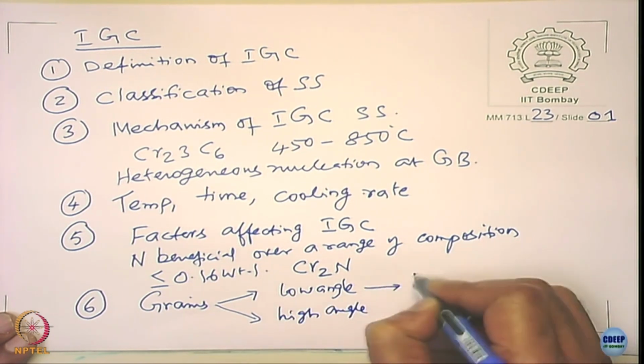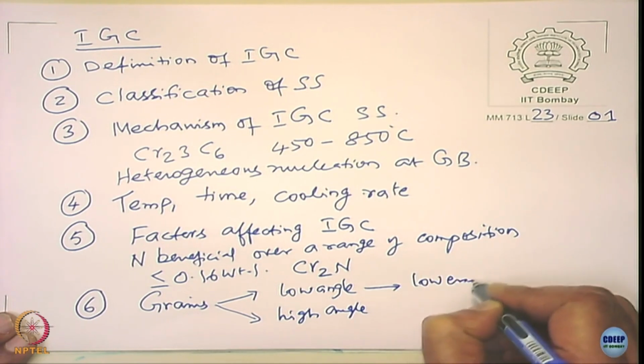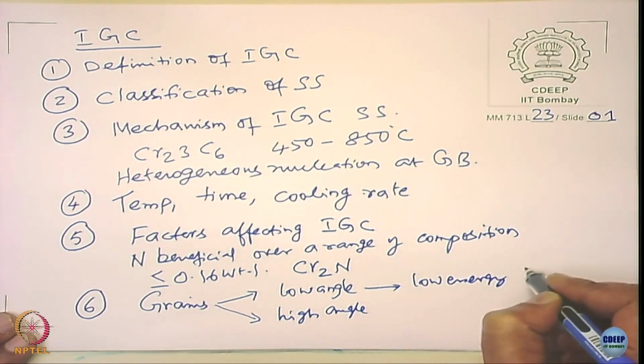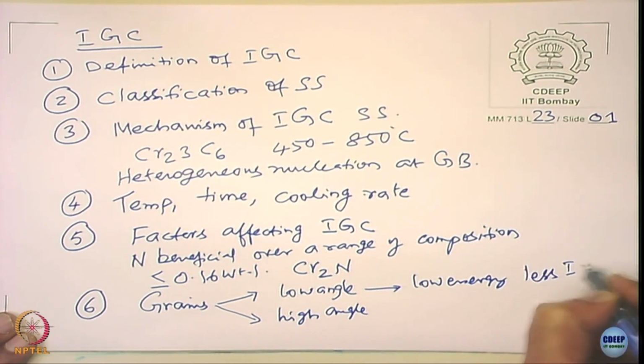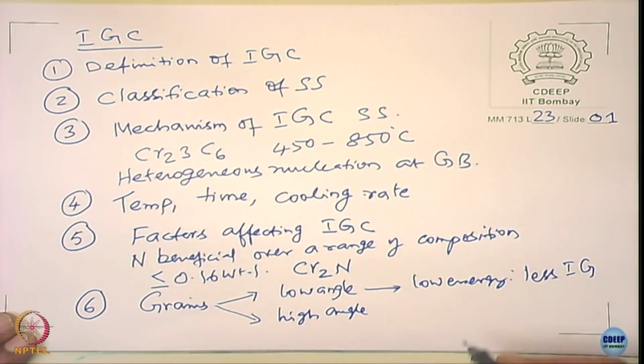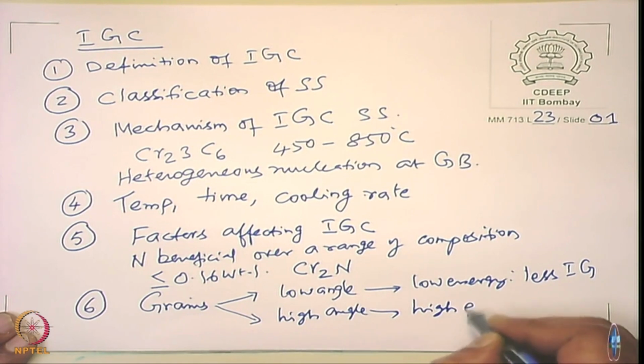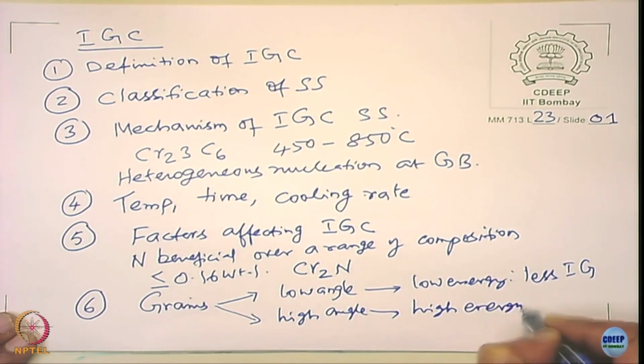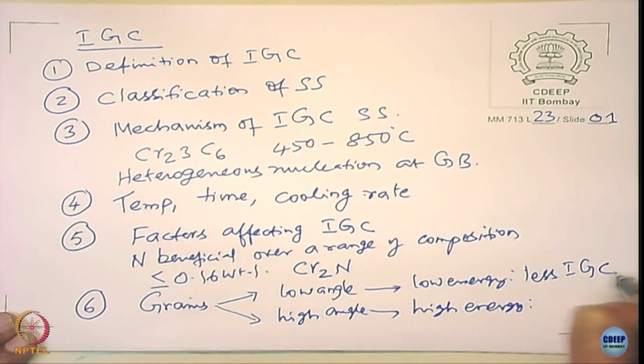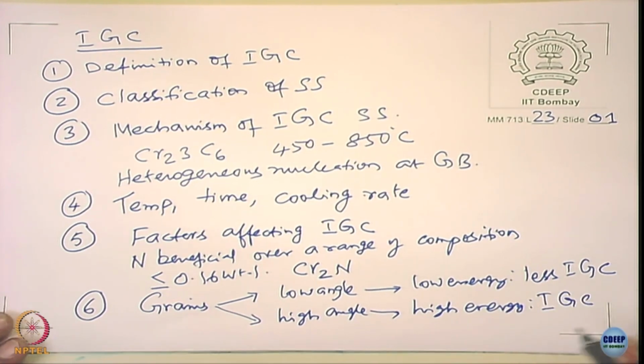This has got low energy, so less IGC or no IGC, you can say. They have high energy, so high IGC occurs. I do not say high IGC because most of the materials that you encounter, alloys and all, have high angle grain boundaries only, okay.